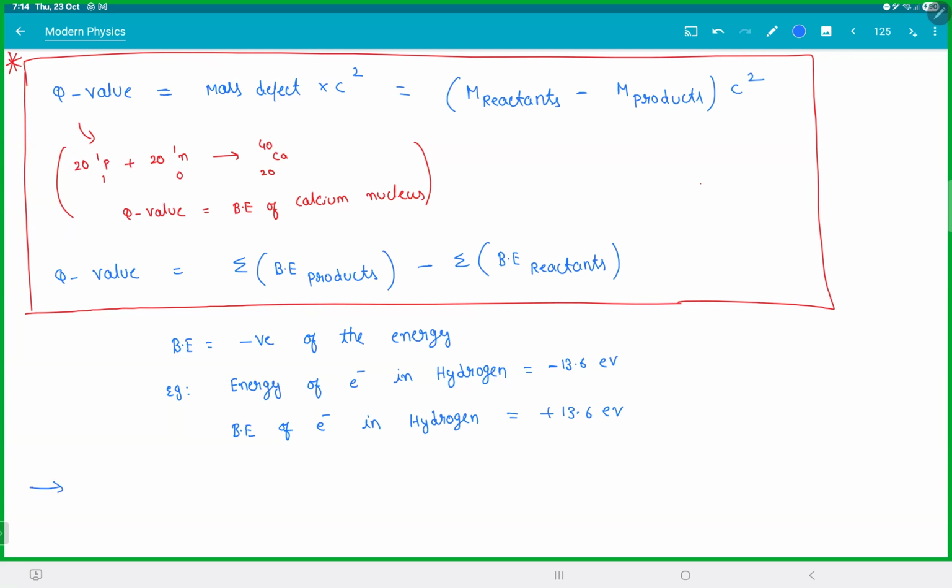If Q value is positive, in chemistry, you call it exothermal reaction. So here, energy is released. There is a name for this. It's called exoergic reaction.